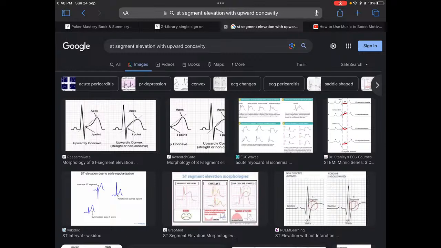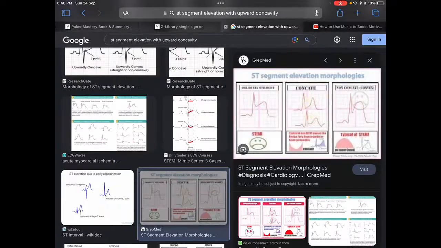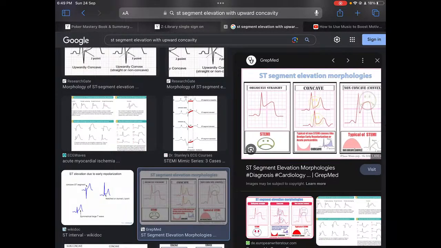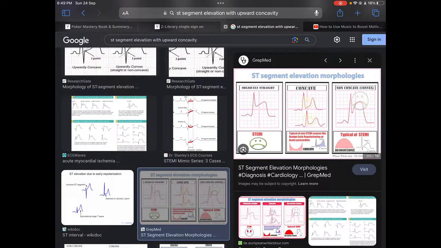This is concavity, and this is convexity. Typical of STEMI, if it's convex. If it's concave, it could be non-STEMI, and beginning of early repolarization or acute pericarditis.